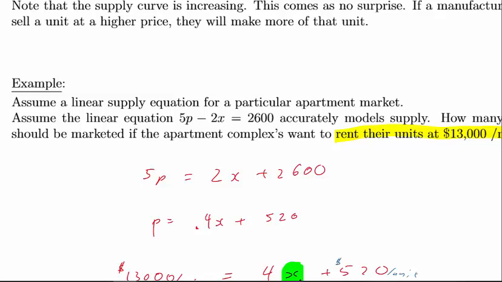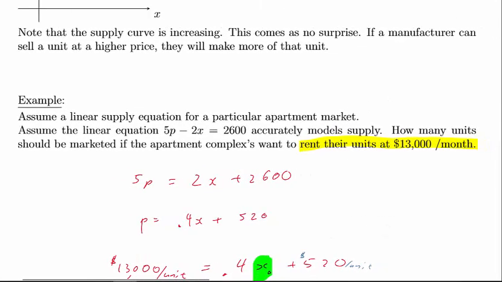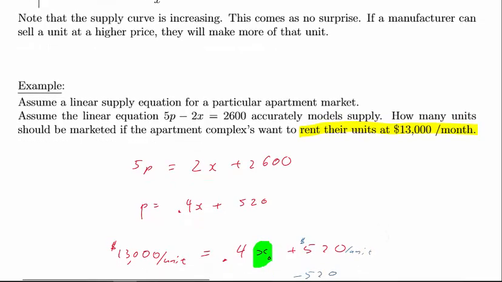So we have another example here. In this one, before we didn't have quite as much legwork done for us. In this one we do. We already have a model someone has created for us, and this is a model for supply. We want to know how many units should be marketed if the apartment complex wants to rent their units at $1,300 per month. It's very similar to the previous example, but it is important to note that they're not necessarily the same.